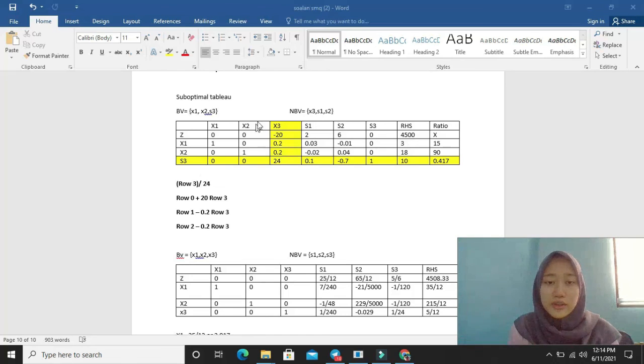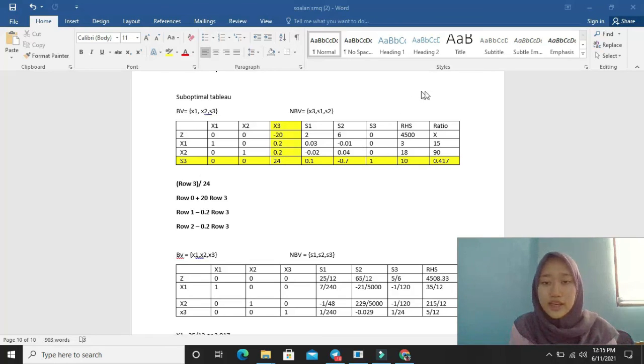Okay, we need to find the most negative. So the most negative one will be the entering variable, and after that we need to find the ratio to find the leaving variable. So all the right hand side values from X1, X2 and X3 must be divided by the coefficients of this column. So 3 must be divided by 0.2, 18 must be divided by 0.2, and 10 must be divided by 24.